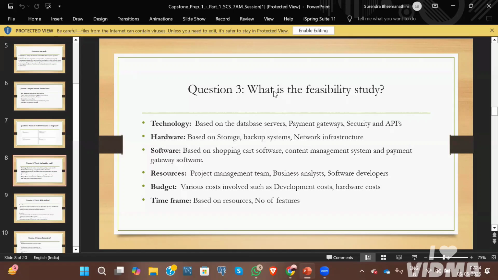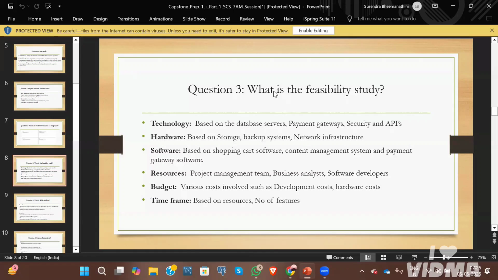First one is technology, second one is resources, third one is budget, and the fourth one is time frame. Okay, four parameters. So under technology, we will have hardware and software, and we have other things like resources, budget, and time frame. So while we are conducting this feasibility study, we will be checking on all these parameters whether this project is viable or not.